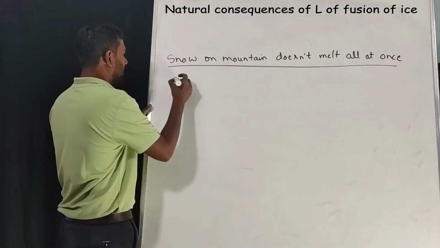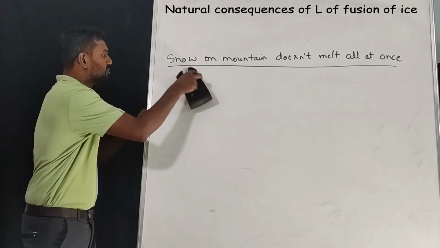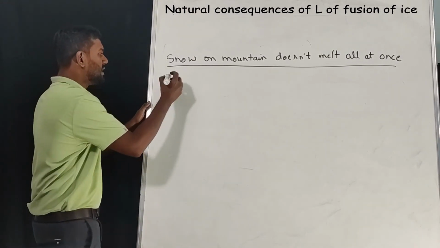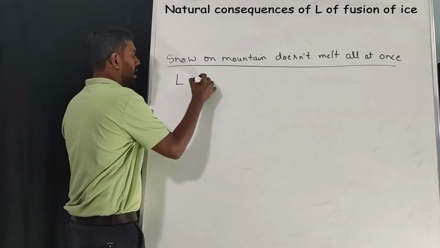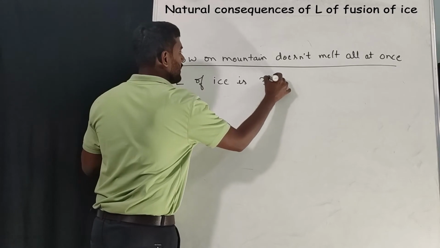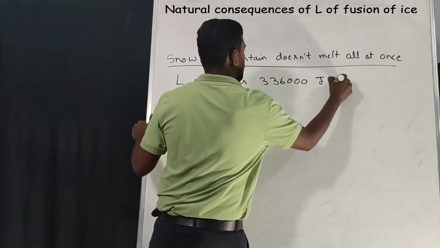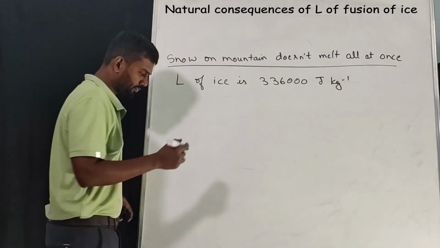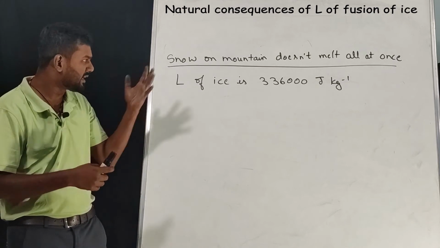First, specific latent heat. Specific latent heat symbol is L. The specific latent heat of ice is 336,000 joules per kg. This you should know. What is the meaning of this?